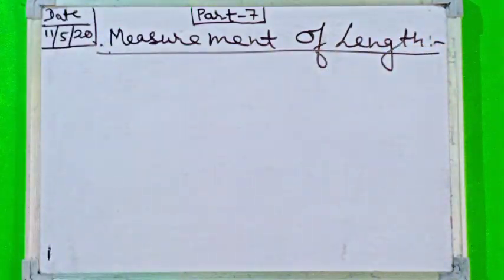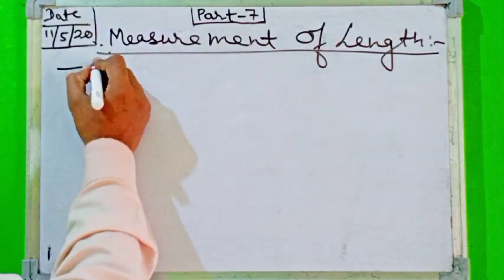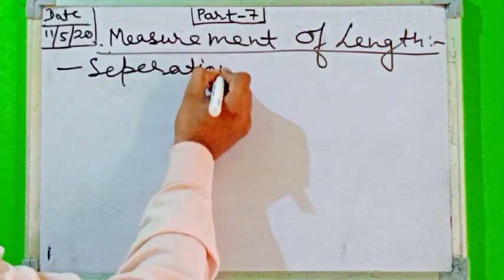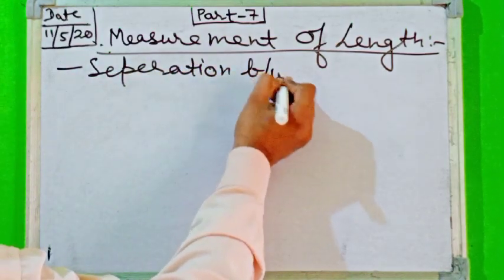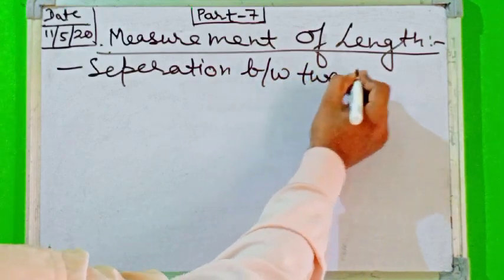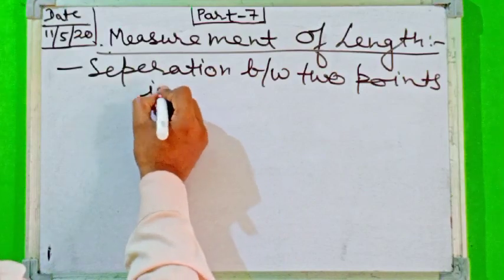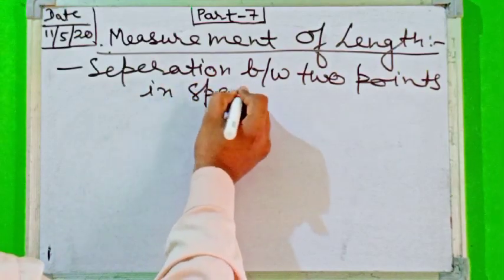Length is also a very important physical quantity, and first of all I want to define what length is. Length is the distance between 2 points, the separation between 2 points in a space.